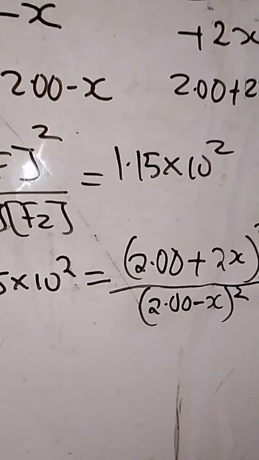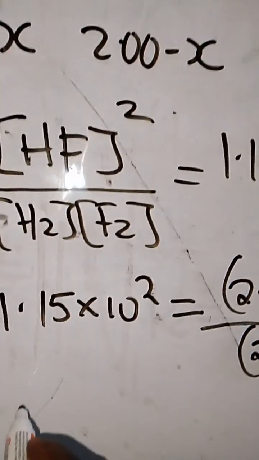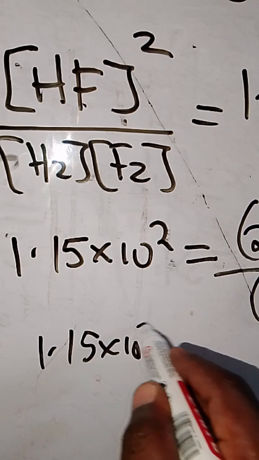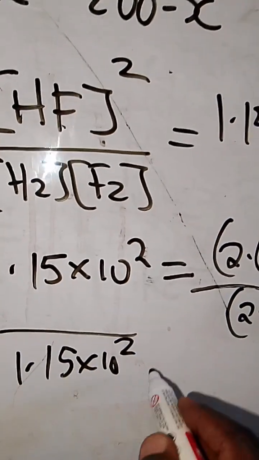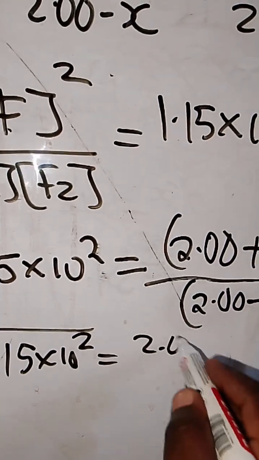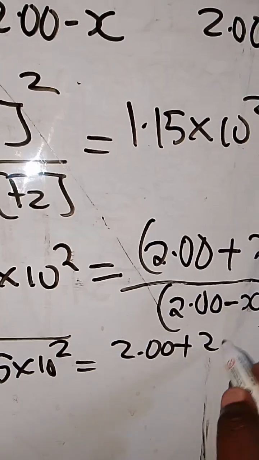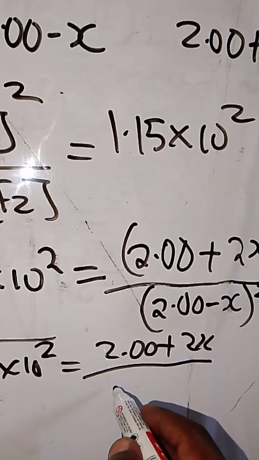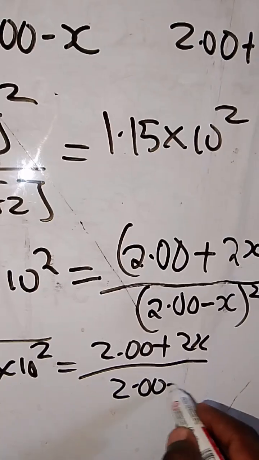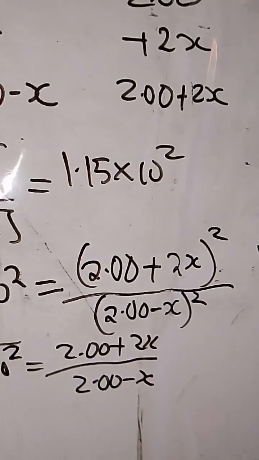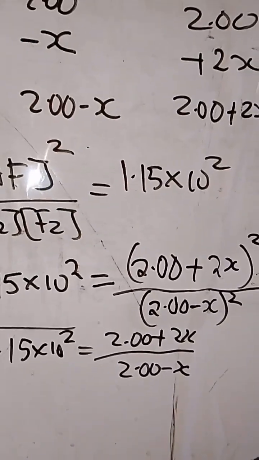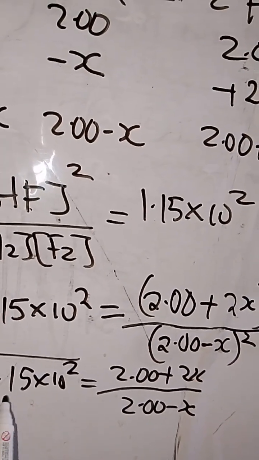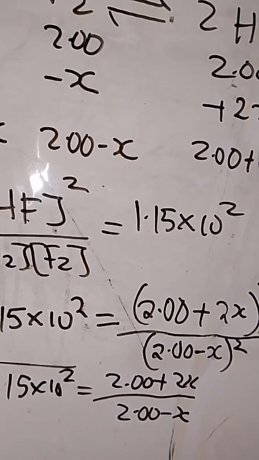So if we take the square root of both sides, this one will now be 1.15 times 10 to the power 2 root, which is equal to 2.00 plus 2x over 2.00 minus x. Then we find the square root of this number.